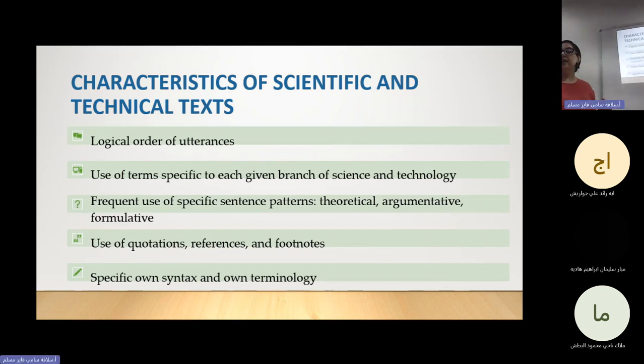Characteristic of scientific and technical texts. شو صفات scientific and technical text. شو اسمه؟ نغم يلا اقرا.